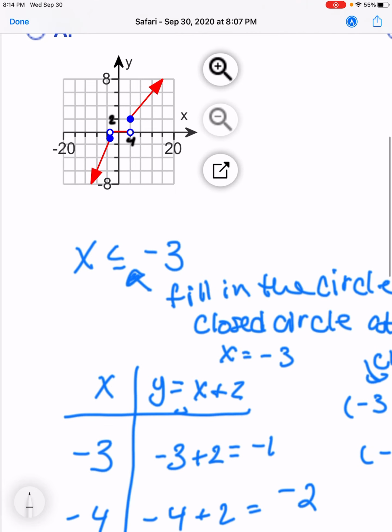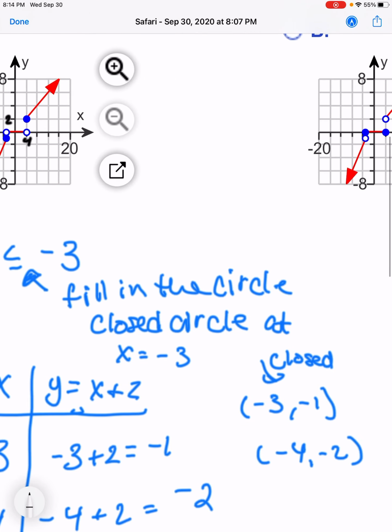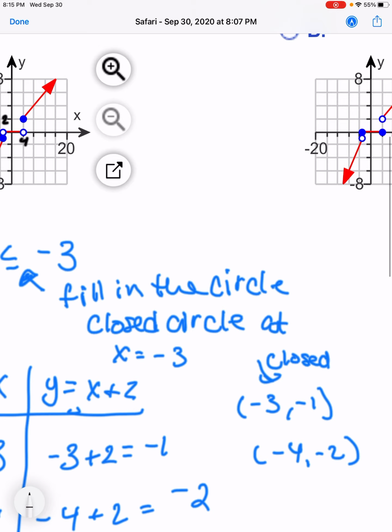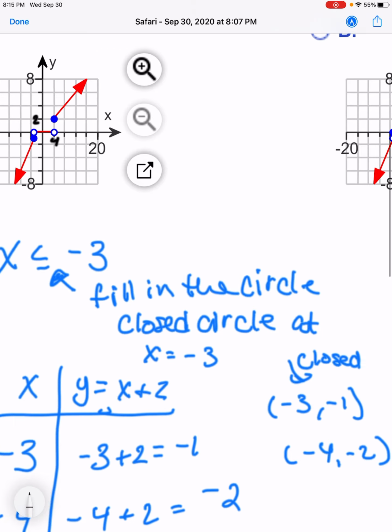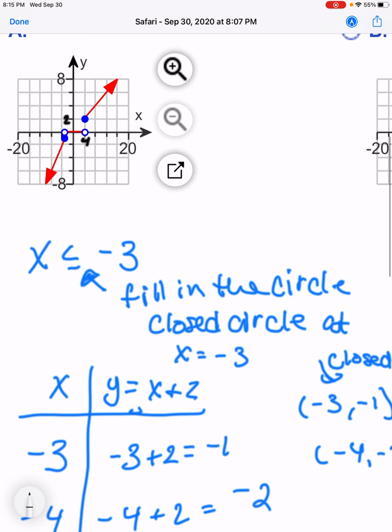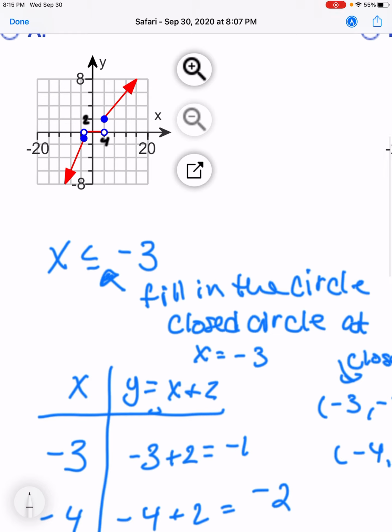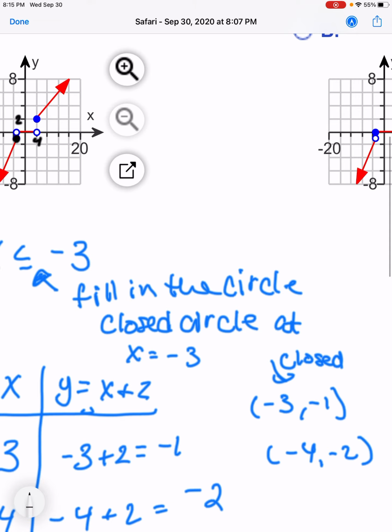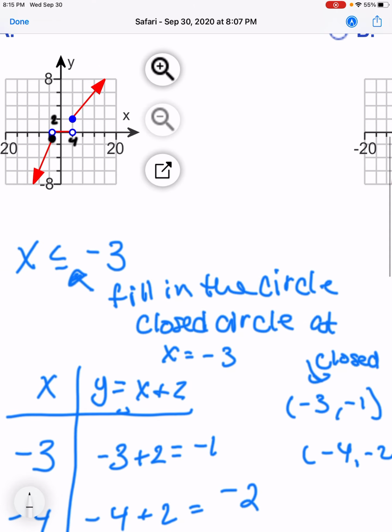So we wanted a closed filled-in circle at -3, -1. And it looks like we have that probably right here. We also want a closed circle or a point at -4, -2.